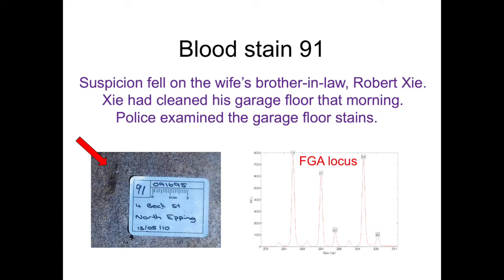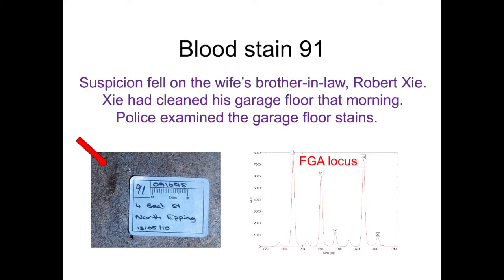That is the stain that contains DNA from multiple individuals. On the right is an electropherogram at the FGA locus showing peaks from what looks to be around 3 individuals. However, given the relationship between the victims, there could be allele sharing, and this might be 4 or 5 different individuals.